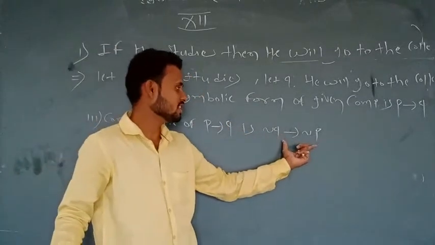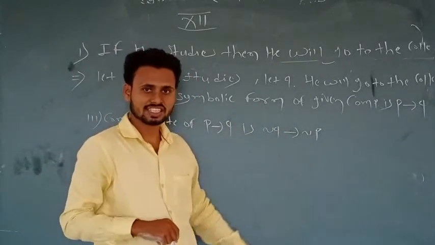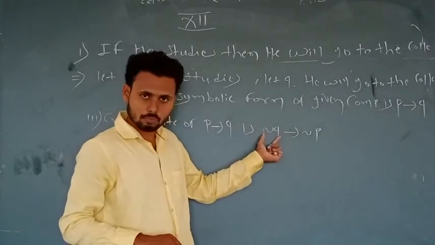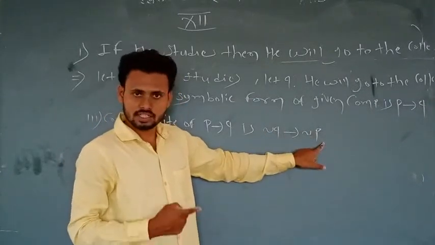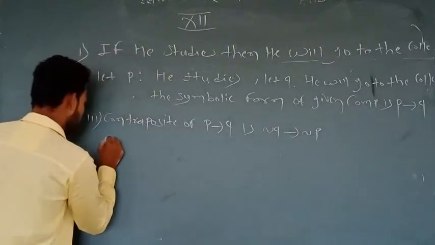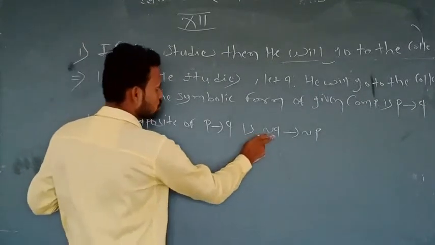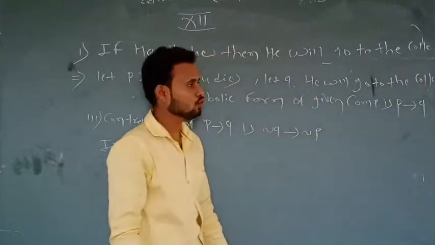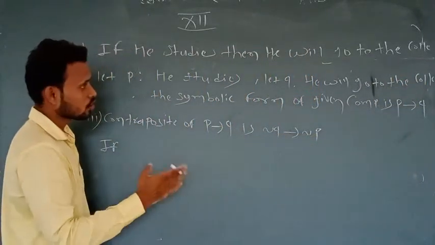Therefore, we can write this statement pattern in terms of sentence. If negation of Q, then negation of P. First, if negation of Q statement, this statement denotes Q, he will go to the college, therefore negation of Q: he will not go to the college.